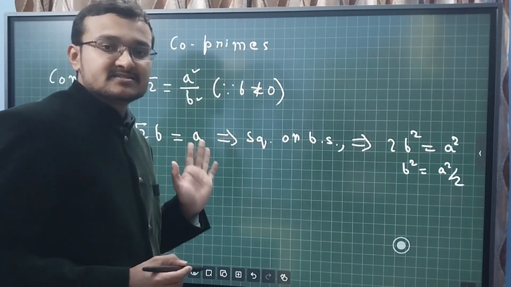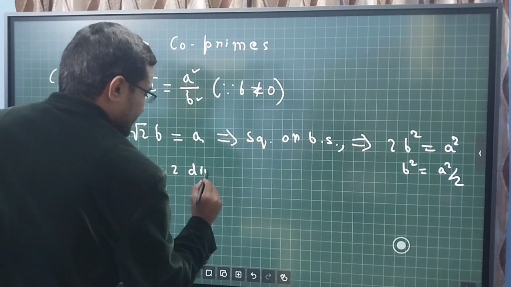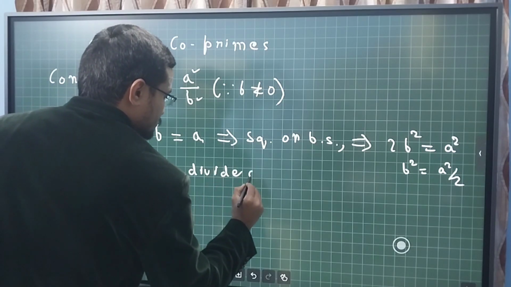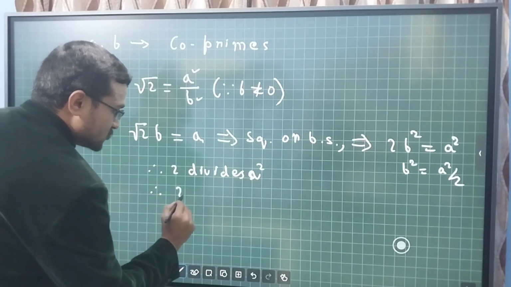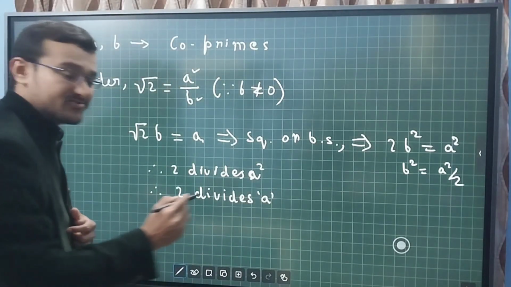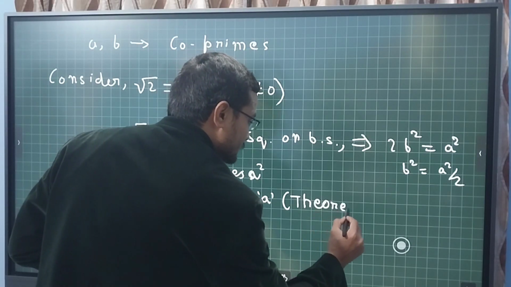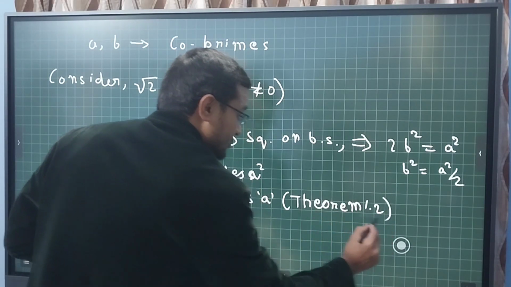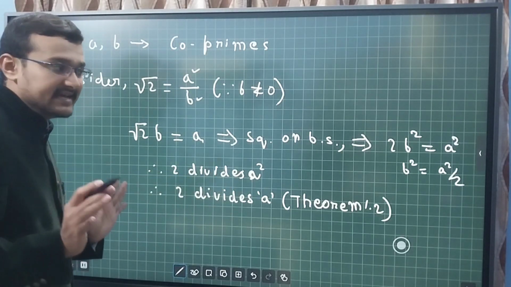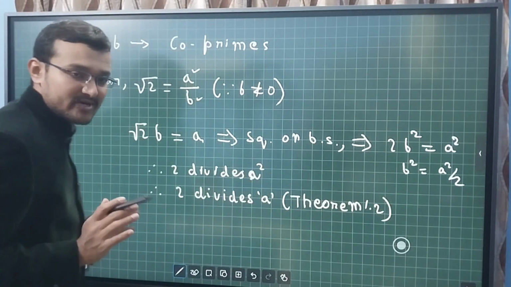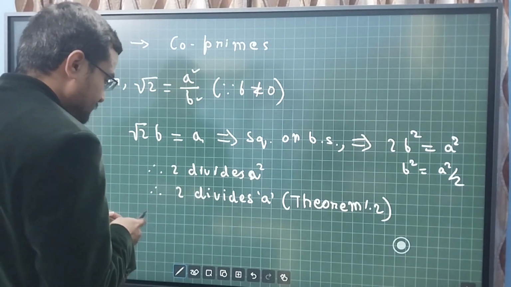That means 2 divides A square. So 2 divides A square, therefore 2 divides A. This is according to theorem 1.2, which we just looked at in the previous question. According to theorem 1.2, if 2 divides A square, then 2 divides A. So now we have proved that 2 divides A.